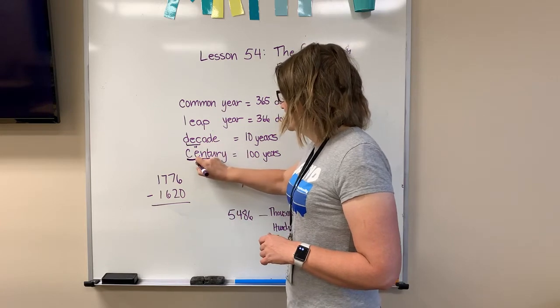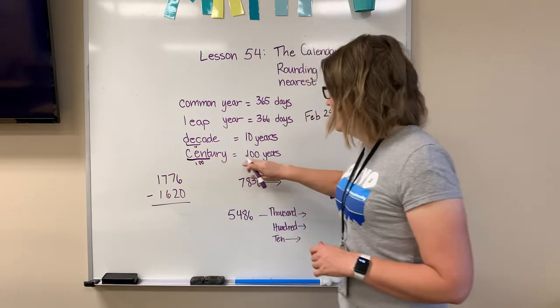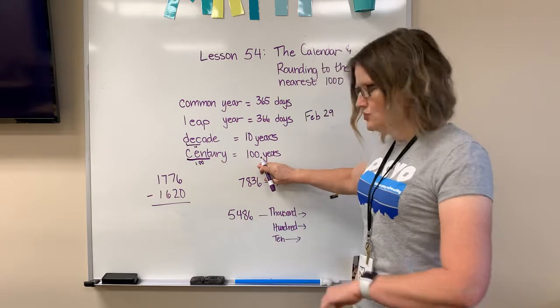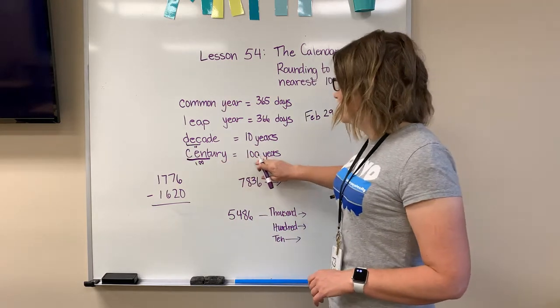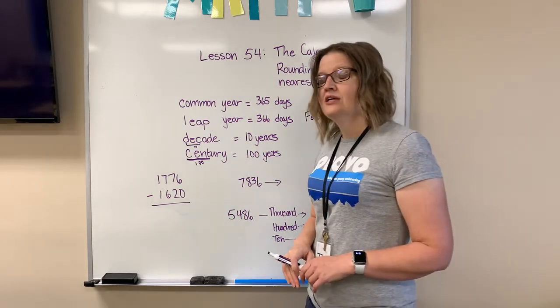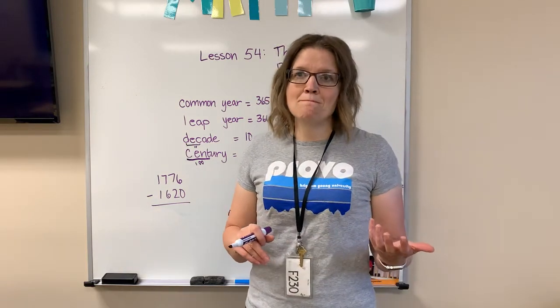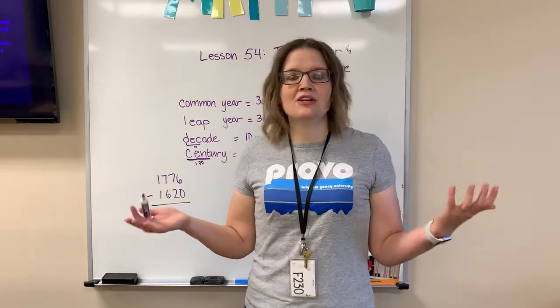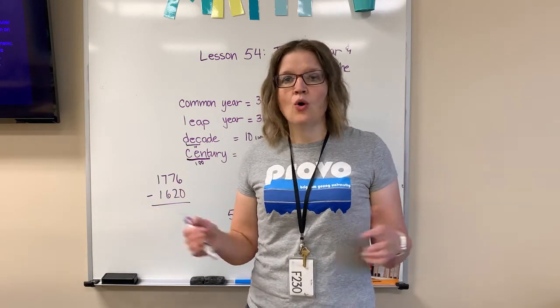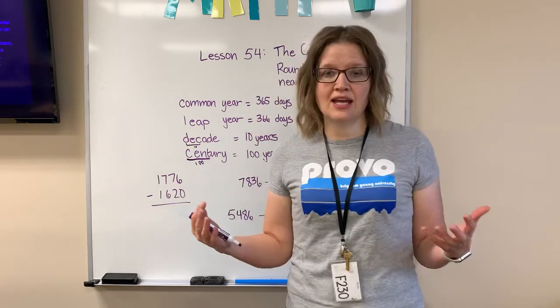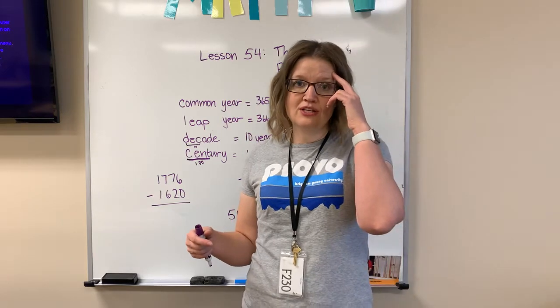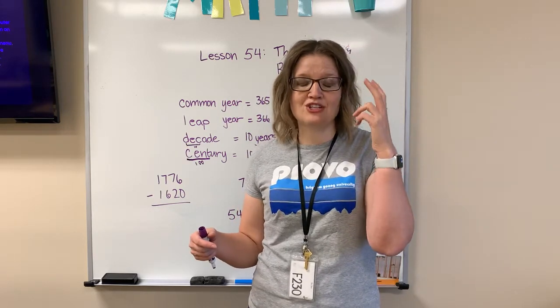Cent means 100, and century also means 100 years. Saxon loves to throw this in. It'll say, how many years is 5 centuries? Or how many years is 6 decades? And that's when you need to pull up this information in your brain.